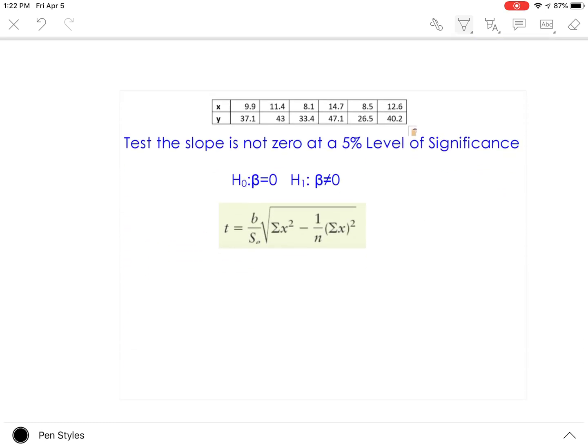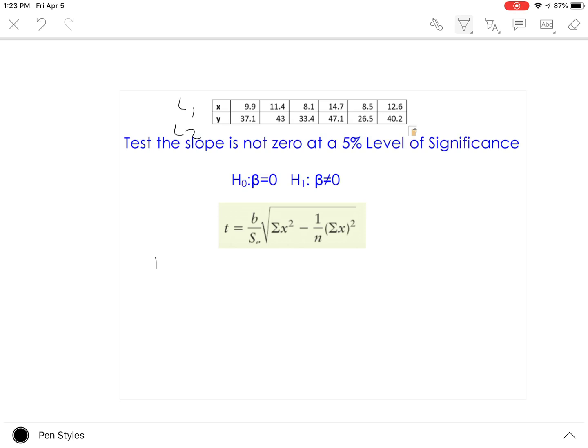All right, so here we go. Same data as before. Hopefully you got that into L1 and L2 in your calculator. We're going to test that at 5% significance. That beta is not actually 0, that it's something different. Again, you can put in those respective values for t, but I'm going to ruin the surprise.